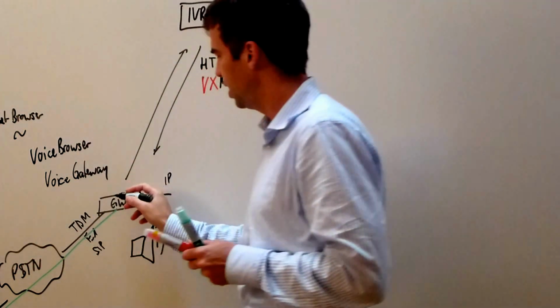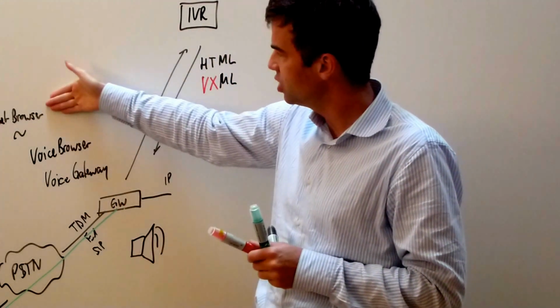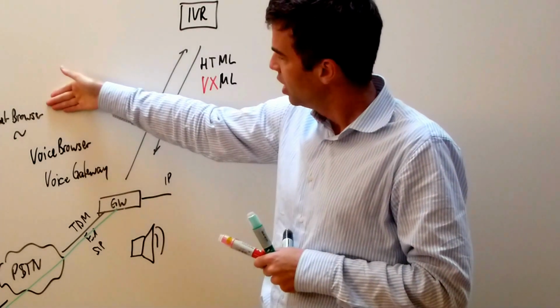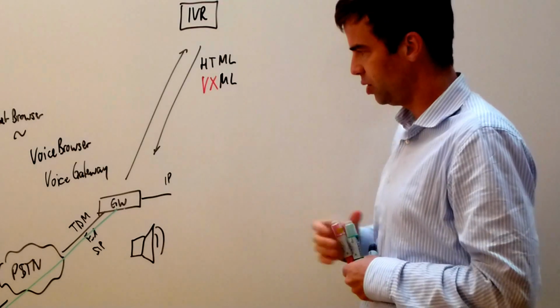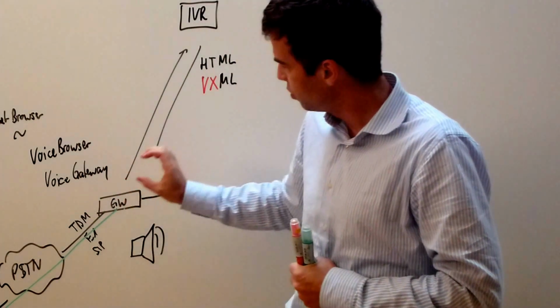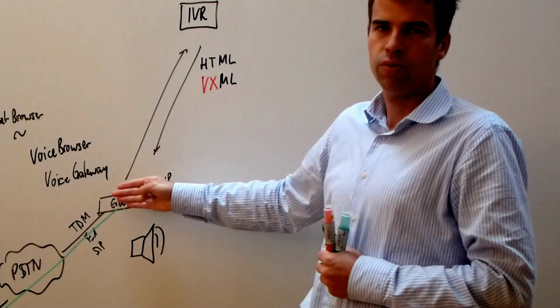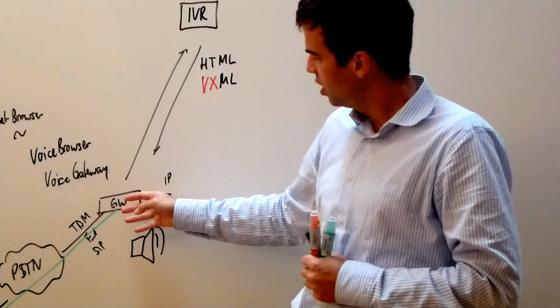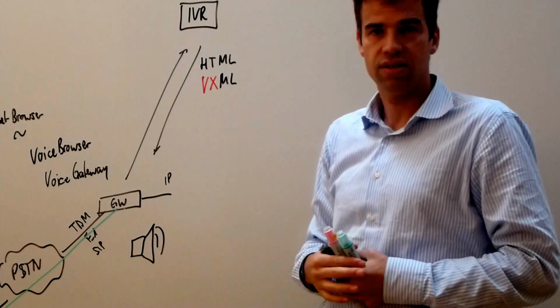Instead of displaying images and text, such as Internet Explorer, for example, a voice browser plays out text and announcements and similar things. So once your phone call reaches a voice gateway or a voice browser, the voice gateway will be able to do the same thing with the voice call as an internet browser would be able to do with an internet session.